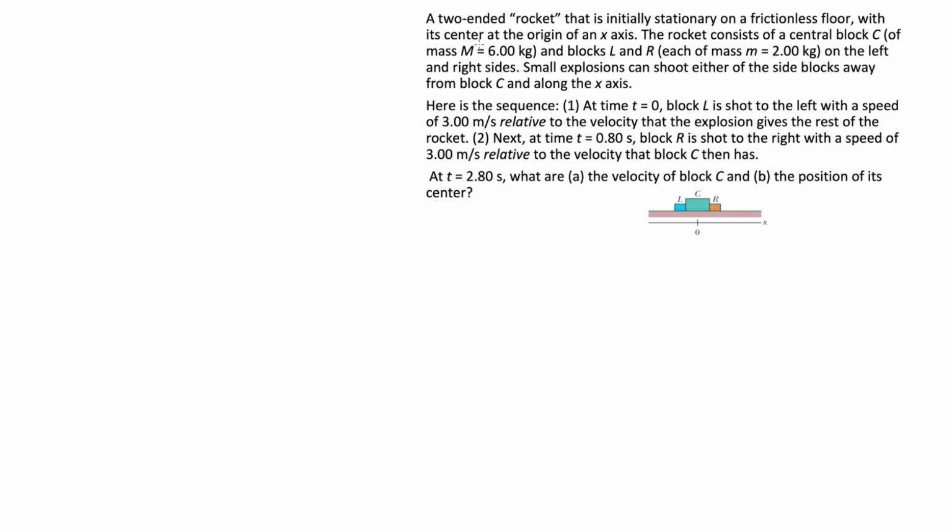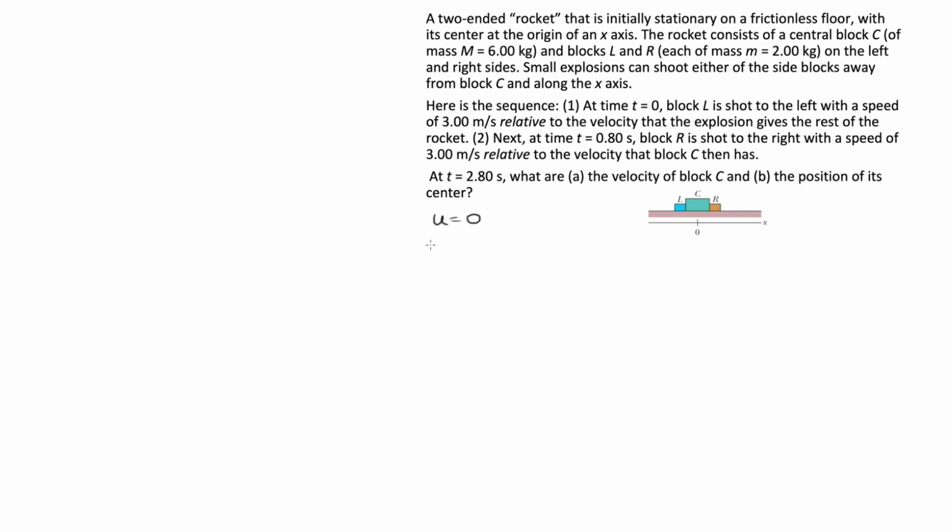Okay, so this one's a little bit challenging. A two-ended rocket that is initially stationary on a frictionless floor. So we know that u is equal to 0. With its center at the origin of an x-axis. So the center's here. The rocket consists of a central block C of mass 6 kilograms.